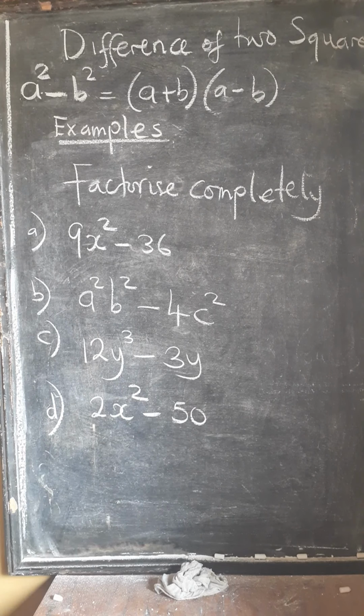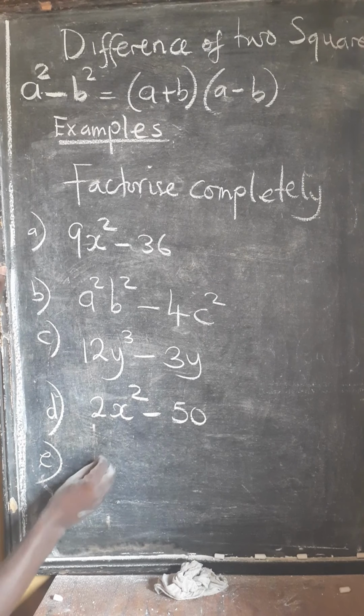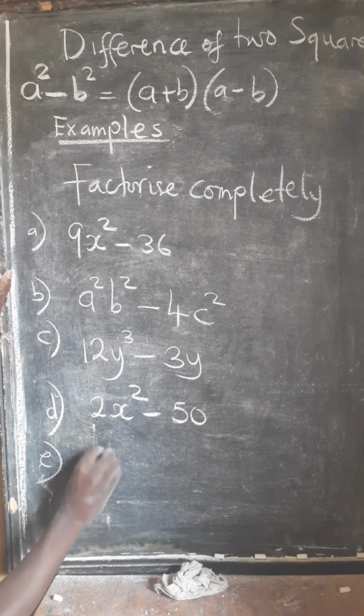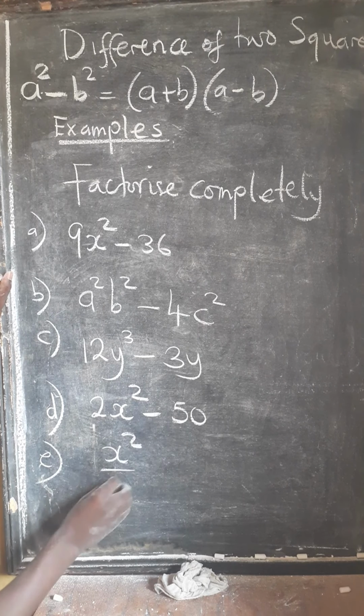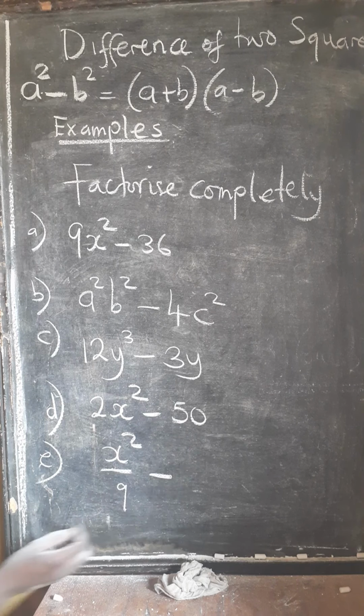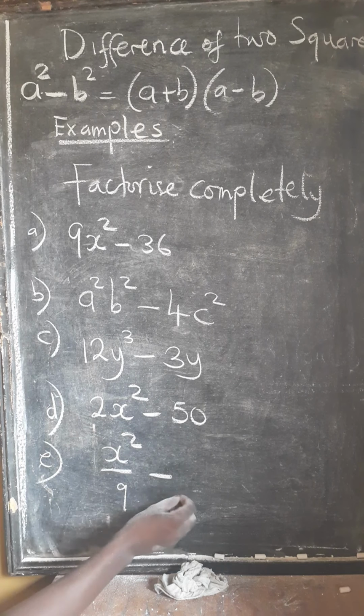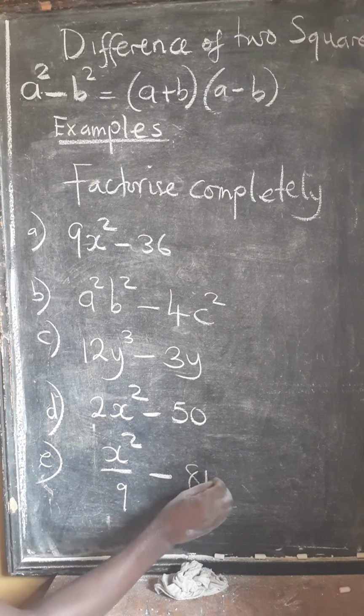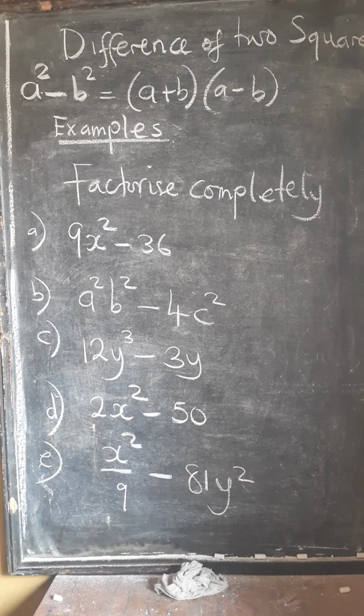Okay? Minus 50. The last one, which is E, we can have x squared over 9 minus 81y squared. Okay, so these are the questions that we have to try just for our practice.